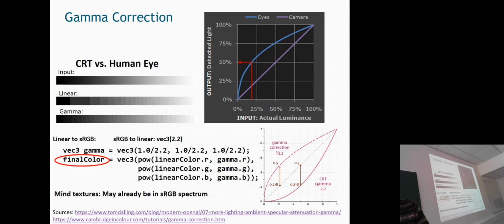This 2.2 comes from CRT displays where, if you imagine RGB where R equals 1 compared against R equals 0.5, it's not twice as bright, but it's 4.5 times bright.